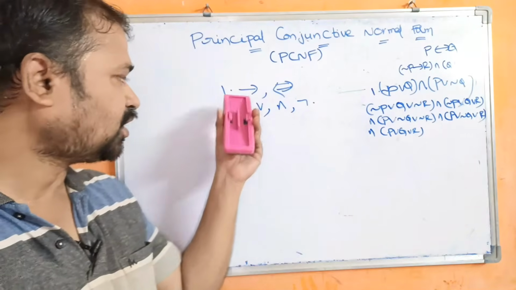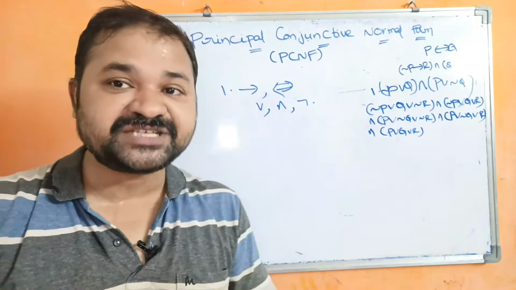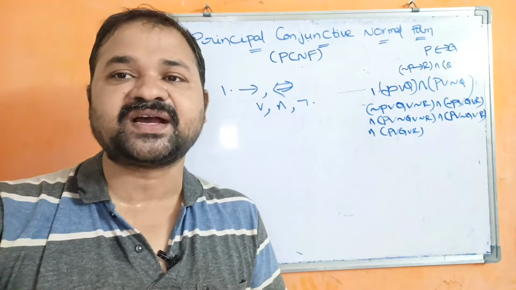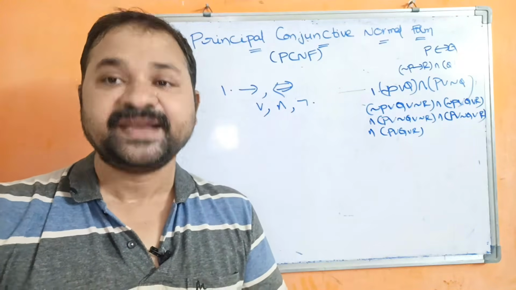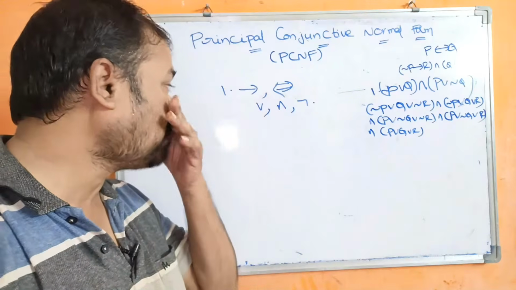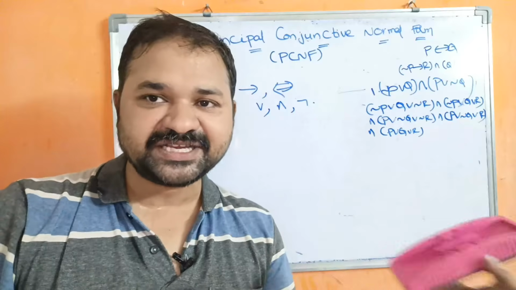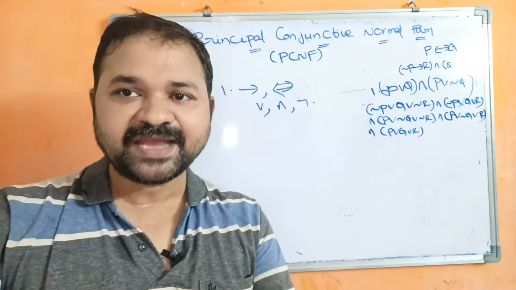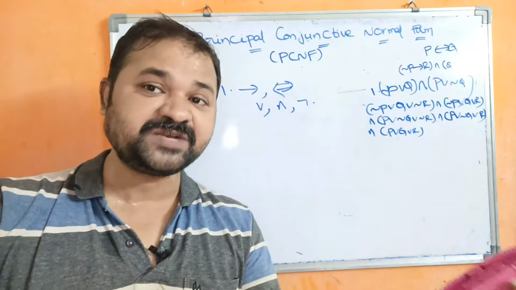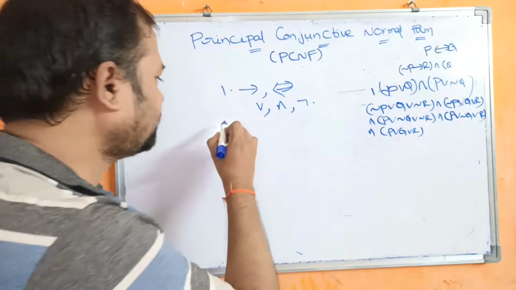If the formula contains P conditional Q, then it is replaced with, we know the formula for P implies Q, negation P or Q. If the formula contains P biconditional Q, then it is replaced with P conditional Q and Q conditional P. Again P conditional Q is replaced with negation P or Q. So likewise we have to perform the replacements.